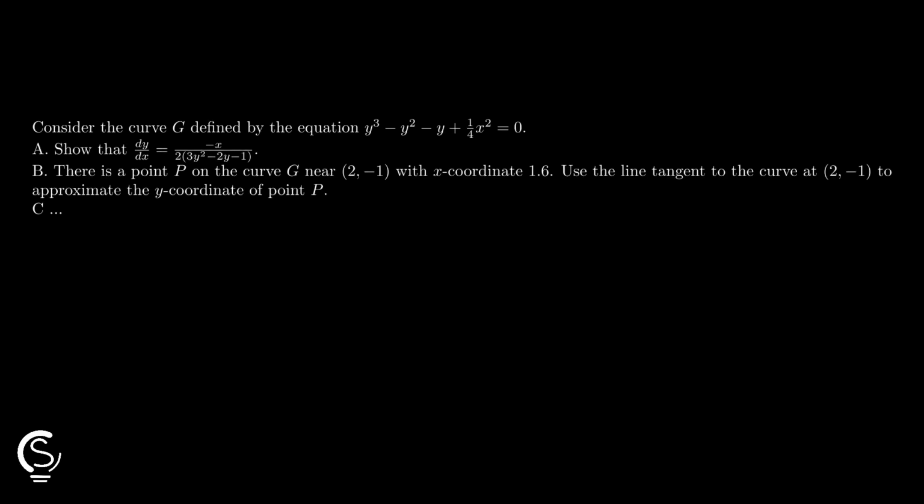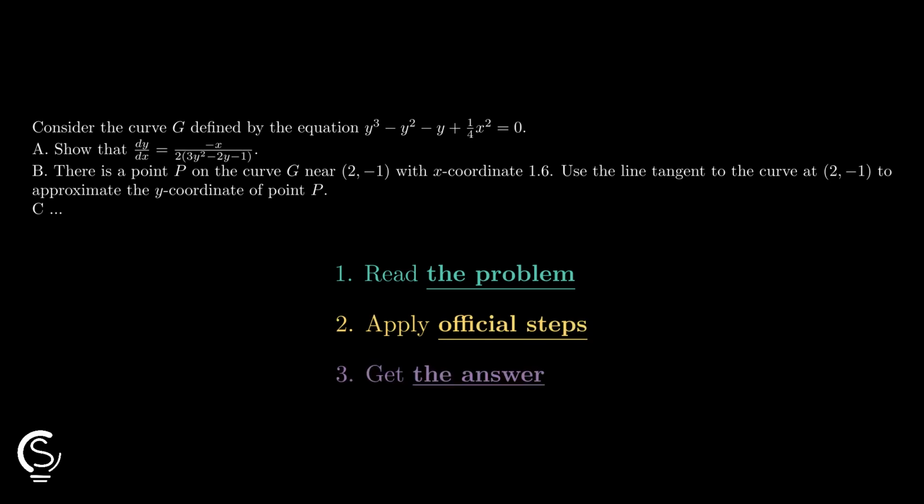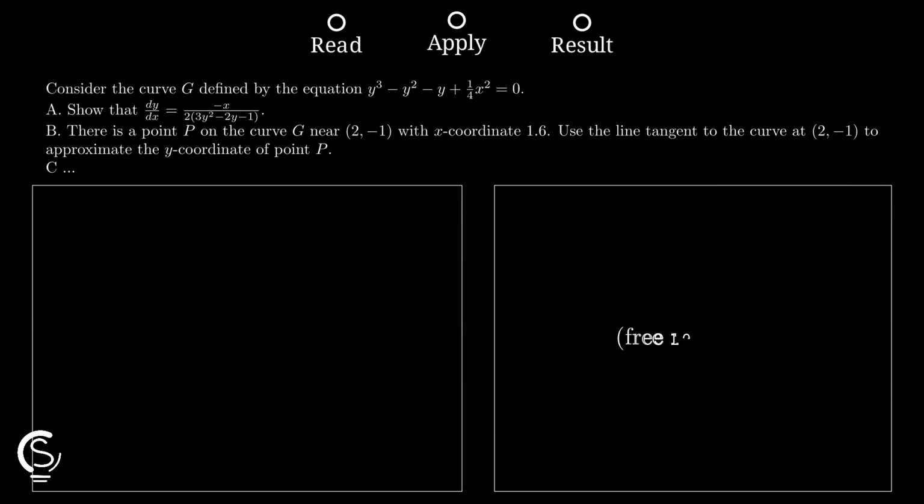I got your back. For part A, differentiating y cubed minus y squared minus y plus 1 over 4 x squared equals 0 implicitly with respect to x yields 3y squared dy over dx minus 2y dy over dx minus dy over dx plus 1 over 2 x equals 0.